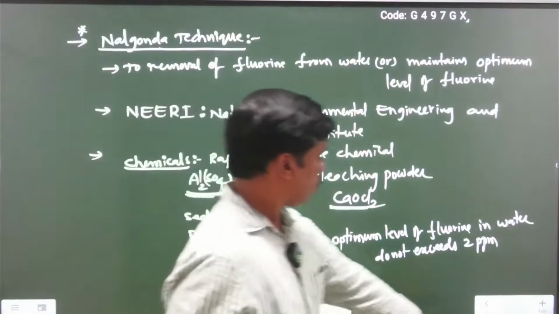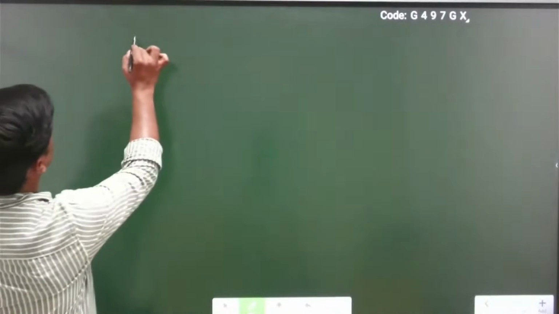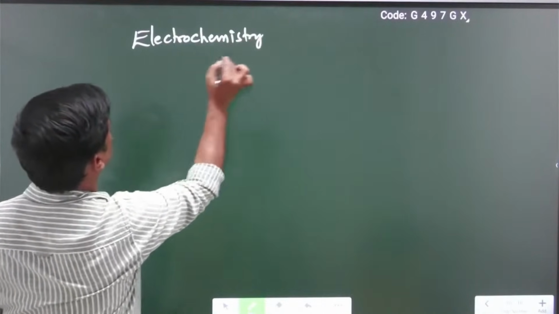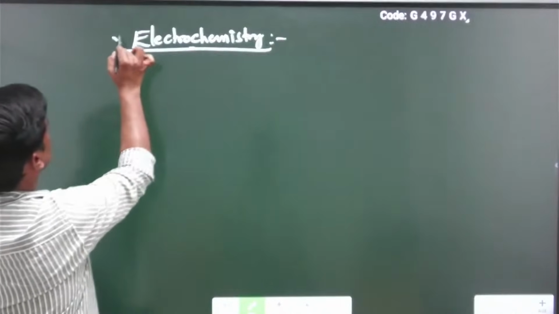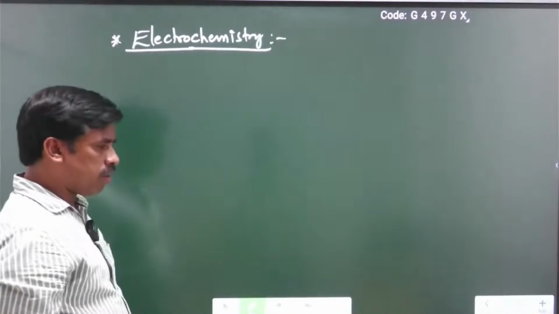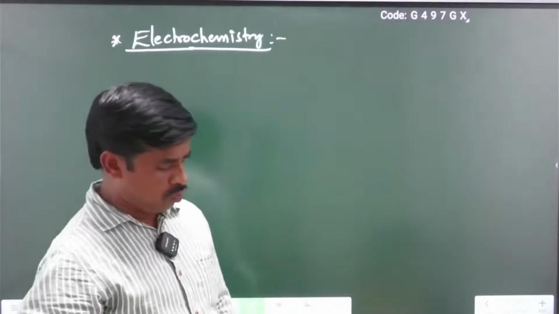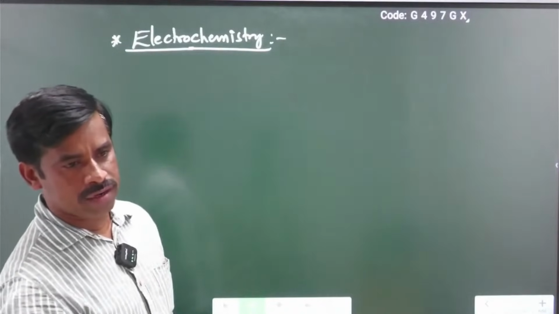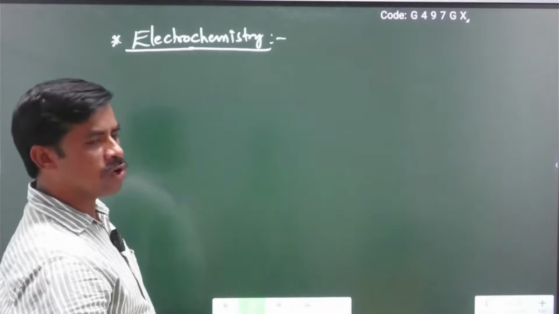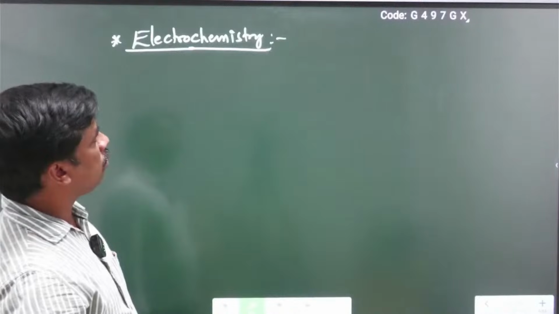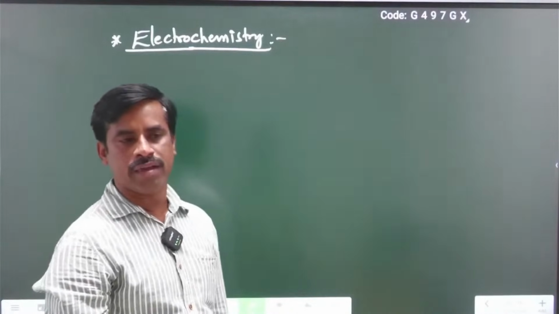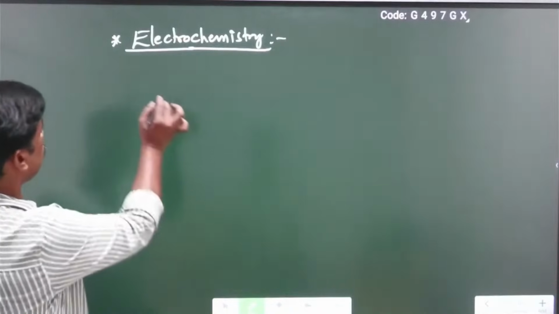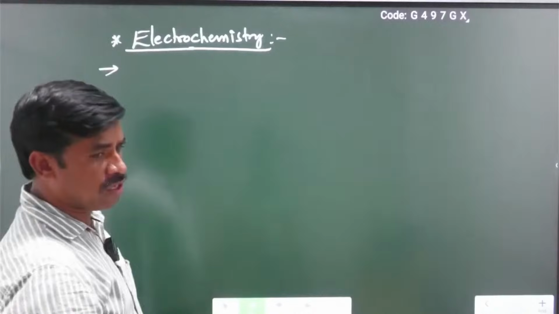In electrochemistry, we are going to study what a conductor is, what an insulator is, what an electrolyte is, what a non-electrolyte is, types of conductors, the electrolysis process, Faraday's laws, electrolysis of fused sodium chloride, electrolysis of aqueous NaCl, etc. We have these in the syllabus.